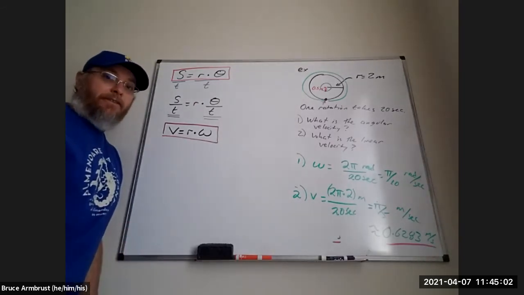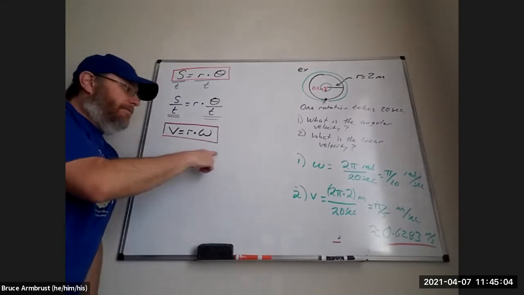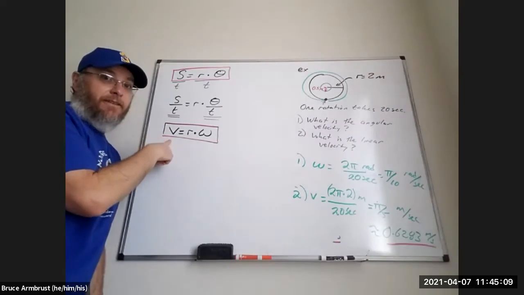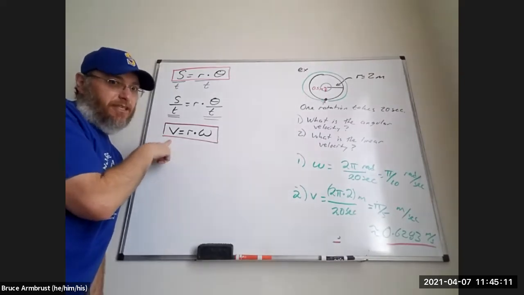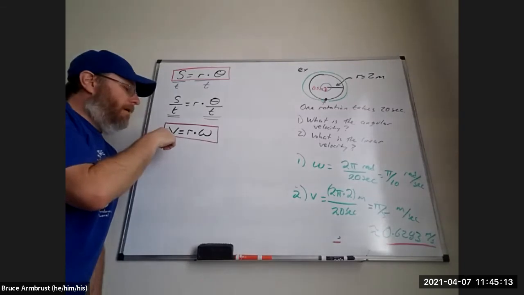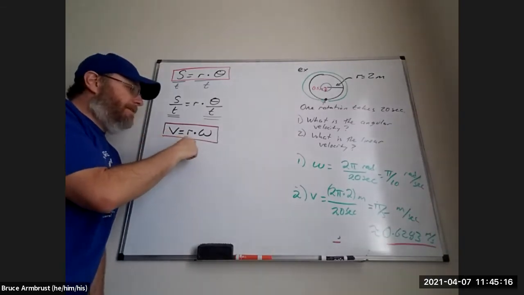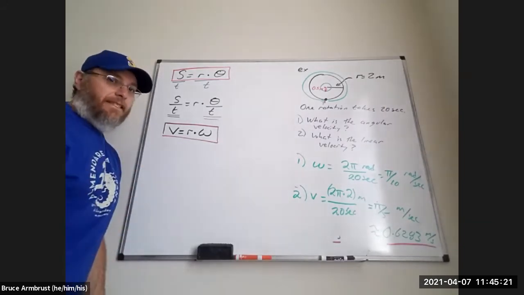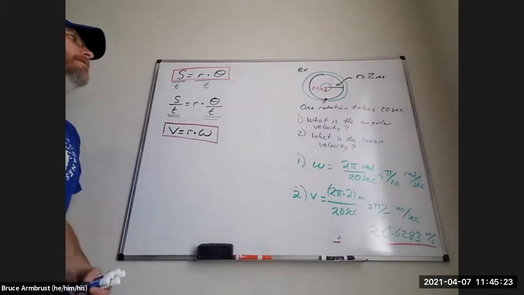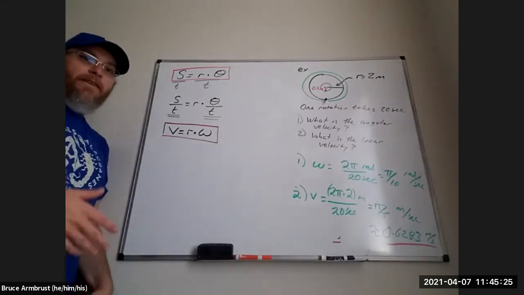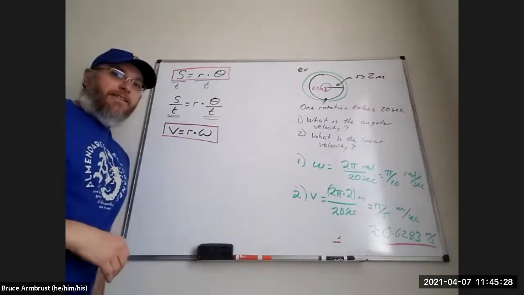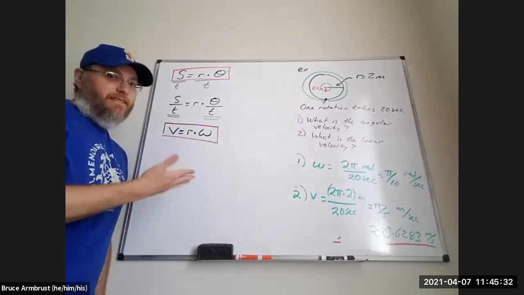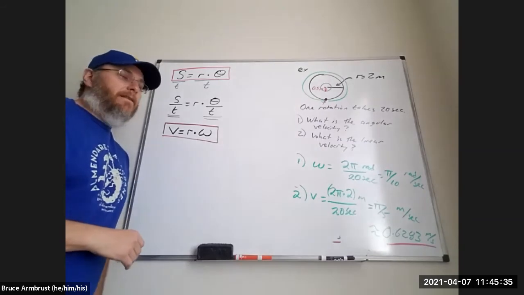Well, there's also angular acceleration, and you're going to see that the same formula holds. Your linear acceleration, we call it tangential acceleration in the case of a circle, is going to be your radius times your angular acceleration. It's going to follow exactly the same formula. So hopefully that helps. I forget who it was earlier that asked if we were going to talk a little bit about velocities. This hopefully should help you with those problems that come up in the homework.